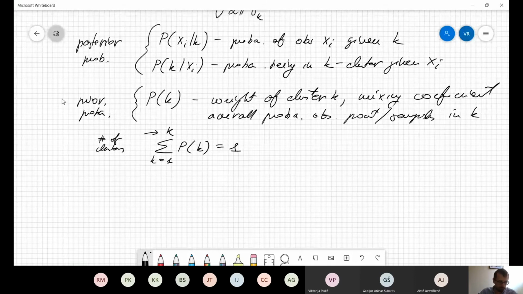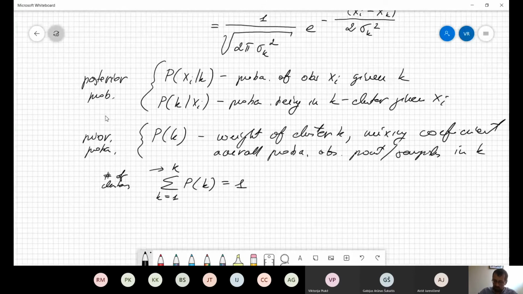Okay, so we have already made an assumption about the distribution, and we try to apply it in our model. Now we need to convert between these probabilities, from this posterior probability into this probability, because we need to know how much influence this xi has for the given cluster.